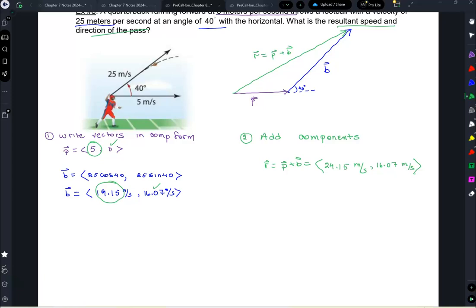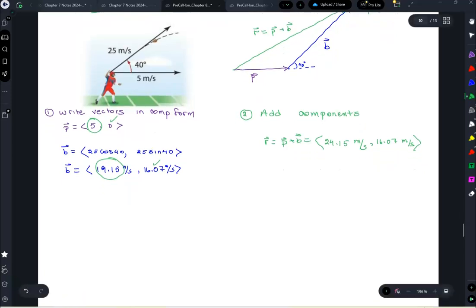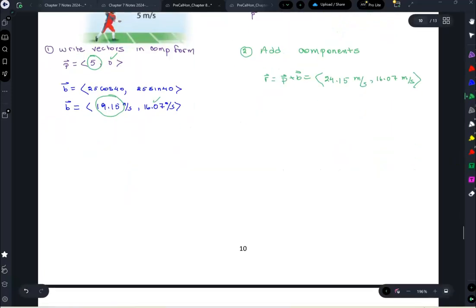All right, so what were we asked for? We were asked for the resultant speed and the direction. The resultant speed is the magnitude of r. If this is r, can we find the magnitude? Yeah. So number 3, find the magnitude.